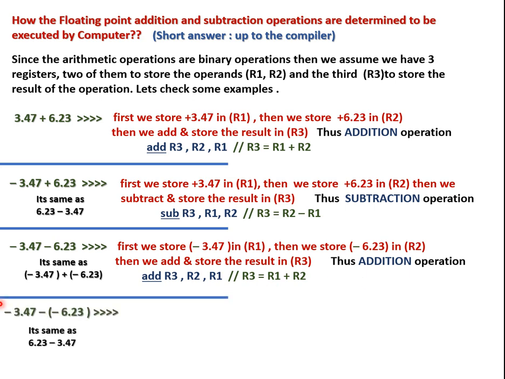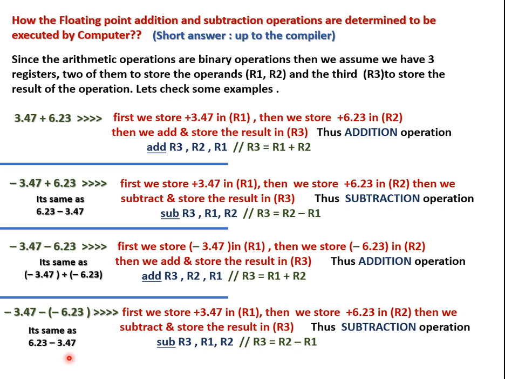And final example here, if we make it like this, minus 3.47 minus 6.3, what is this? Is this subtraction? Is this addition? This is the same as saying minus 3.47 plus 6.3, which is the same as 6.23 minus 3.47. So it's clear, it becomes like this one, and this is going to be subtraction operation.